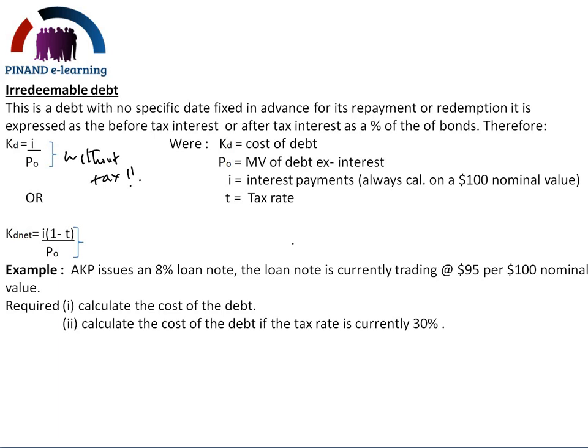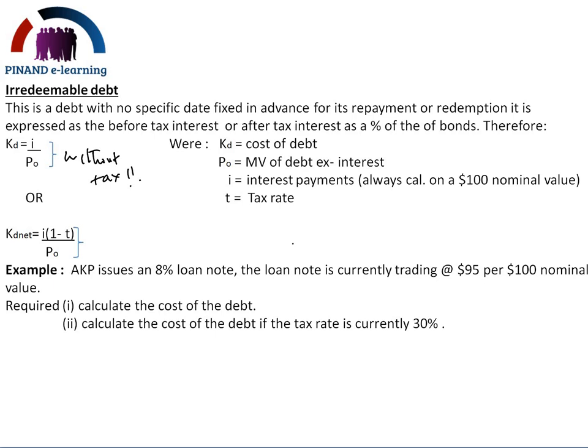Remember the first part of the syllabus, we looked at the financial management function. I explained this cum div, cum interest, ex div, ex interest terminology. Remember, once you're going to solve for cost of debt, cost of preference shares, cost of equity using dividend growth model, what you normally use is ex dividend, ex interest in the formula.